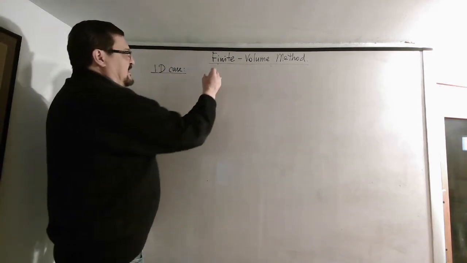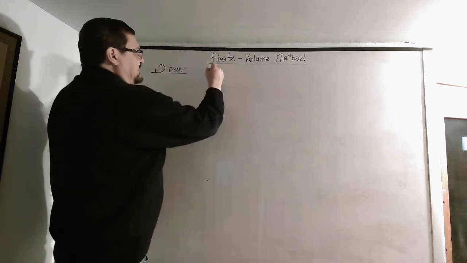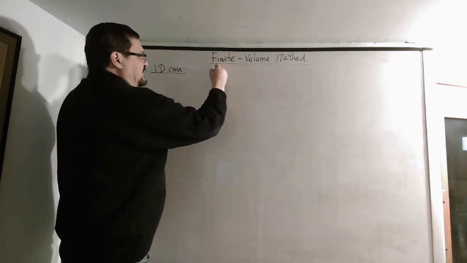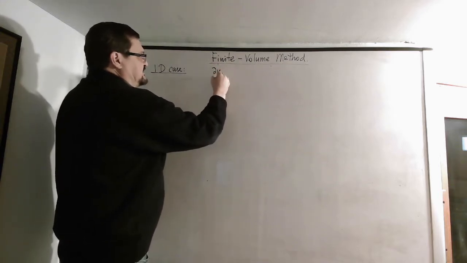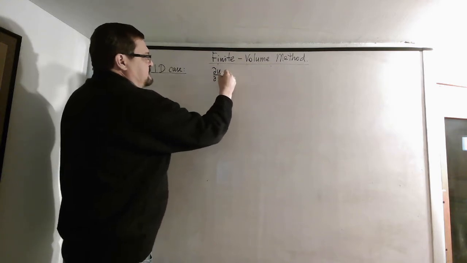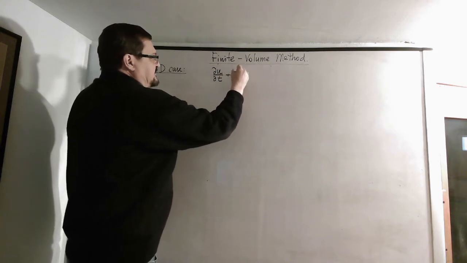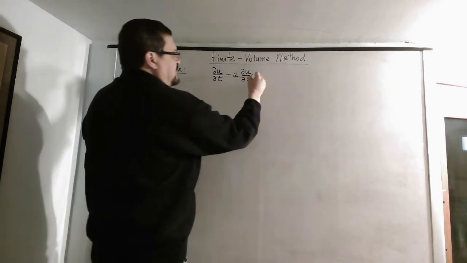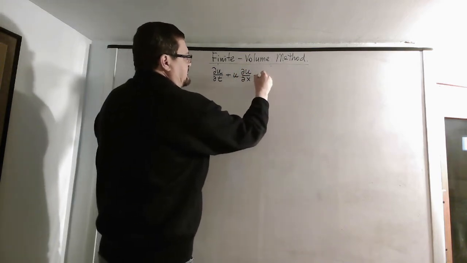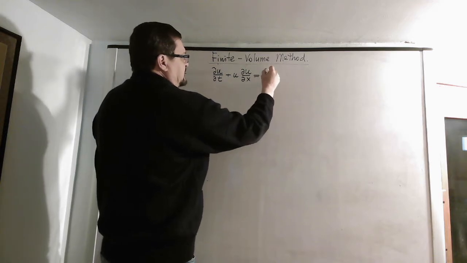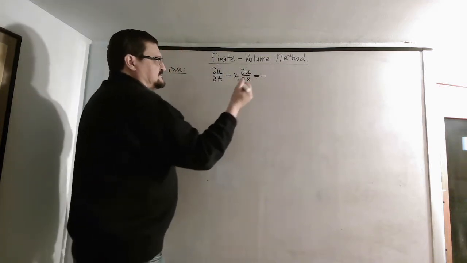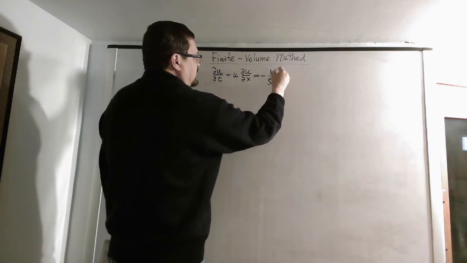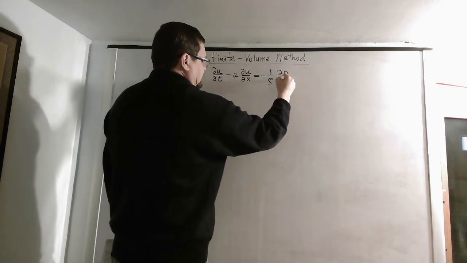So, for example, in one dimension, the equations look like the following, the dynamical equation: du dt plus, so this is the original momentum equation, let's say in one dimension, compressible flow, equals minus 1 over rho dp dx.